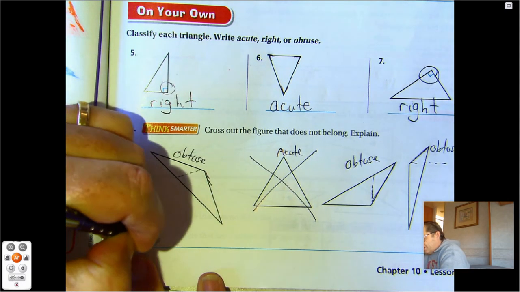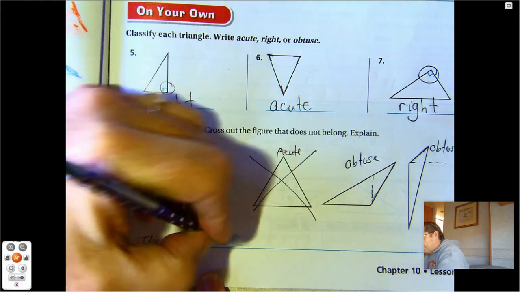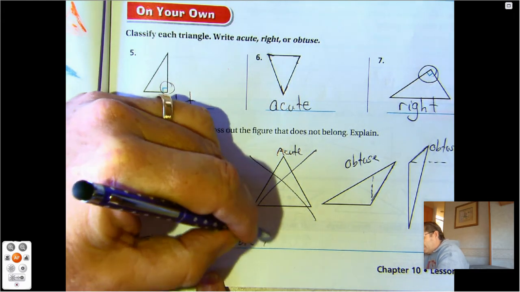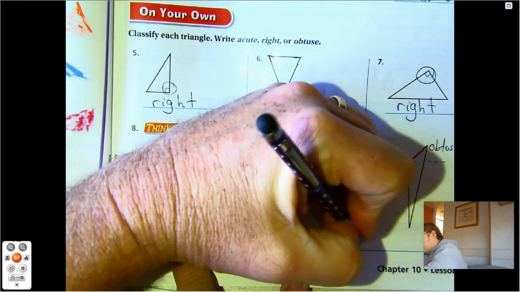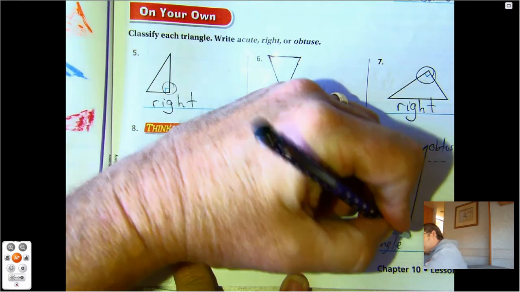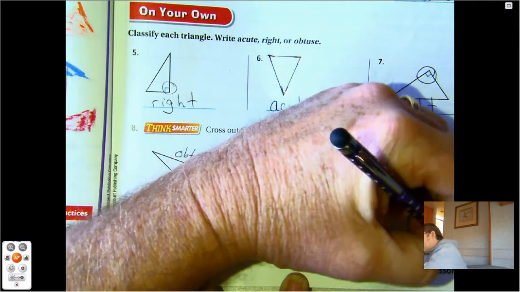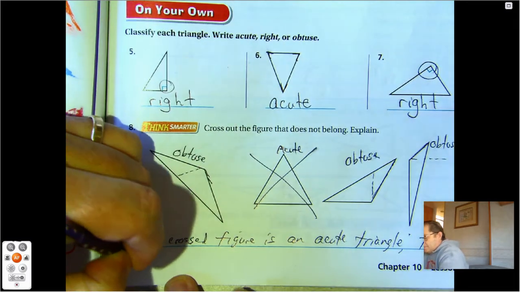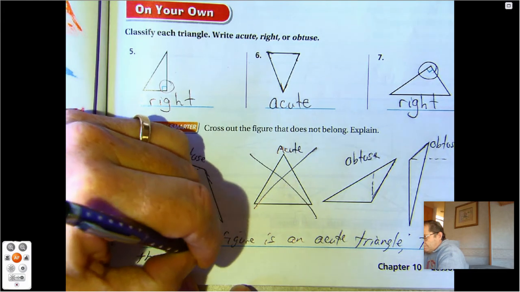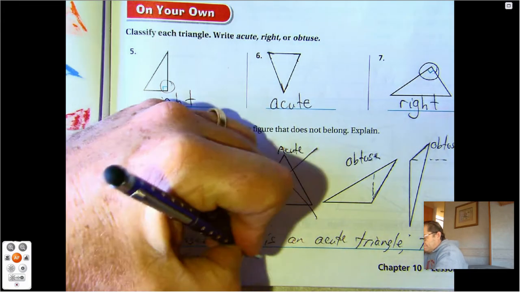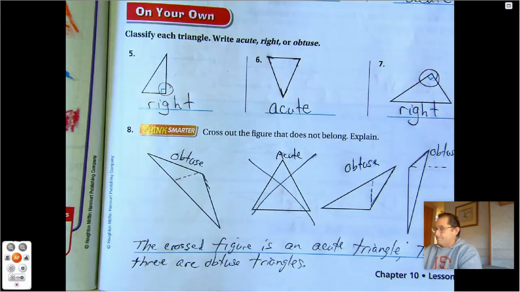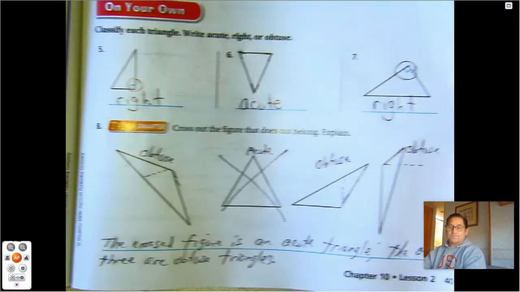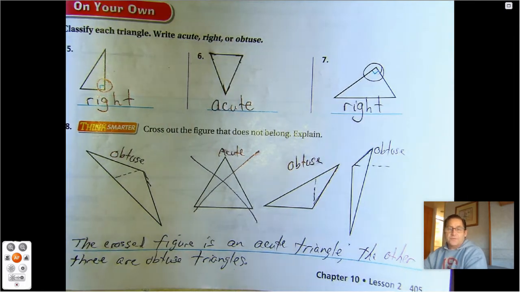The crossed out figure is an acute triangle. The other three are obtuse triangles.